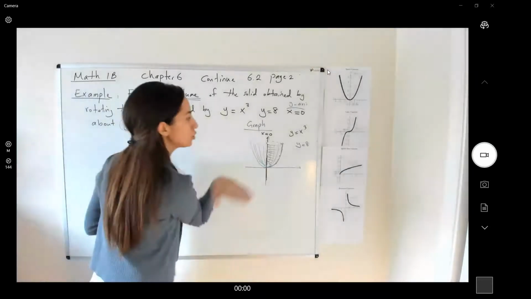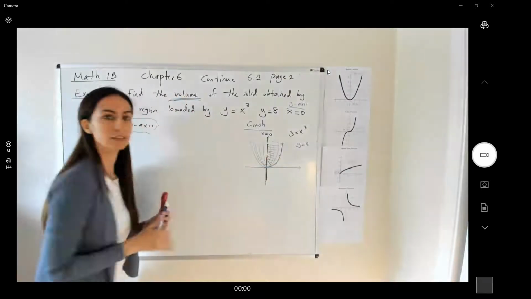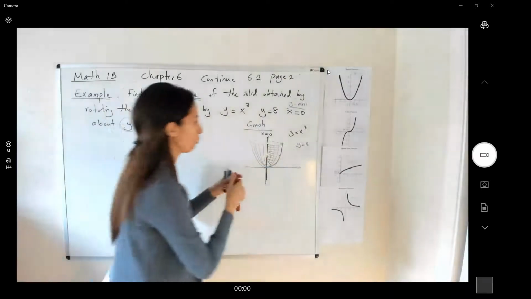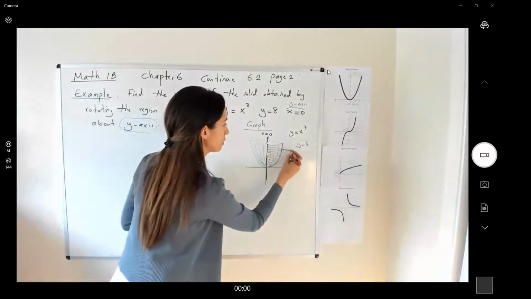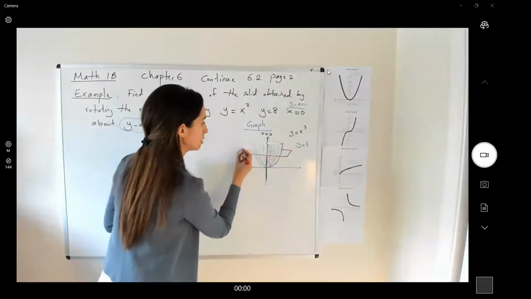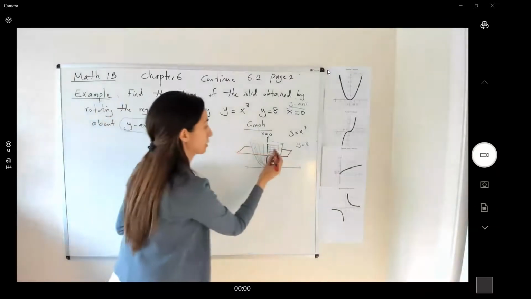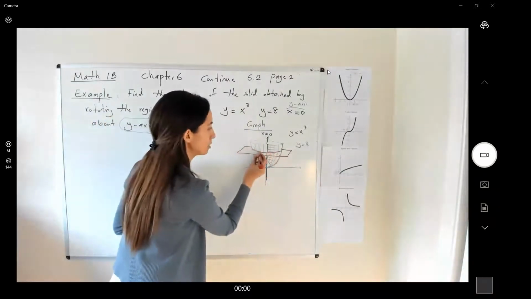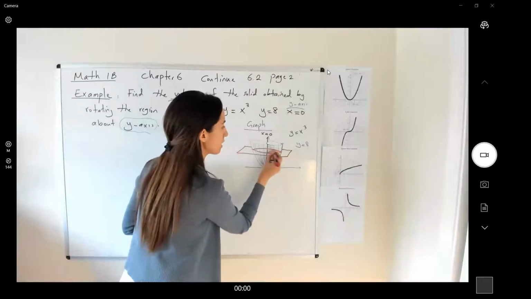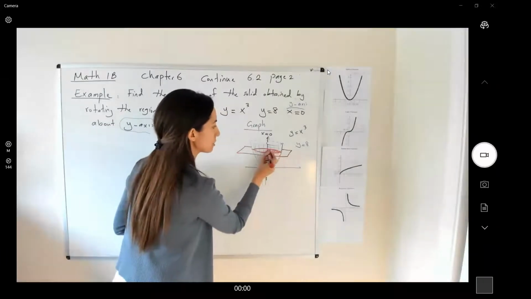Now you are slicing this solid in a way that lets you find the area. Note that I have a horizontal slicing. This is my little random area here.